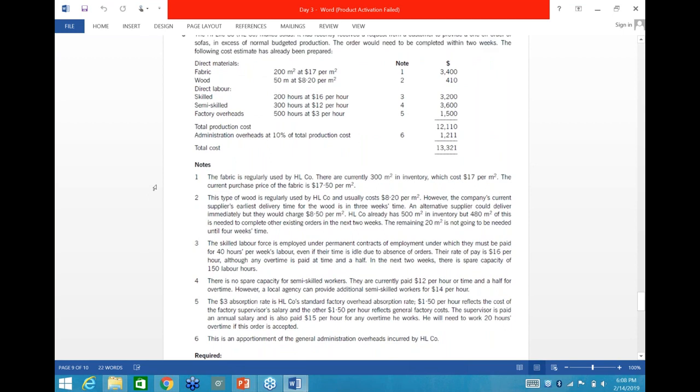Fine. So let's take it one by one. In terms of fabric, we are talking about 200 square meters at 17 per square meter. That's what the estimate has taken. The fabric is regularly used, and there's currently 300 square meters, which cost 17.